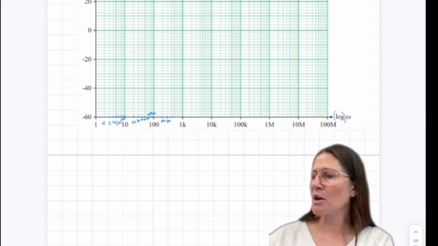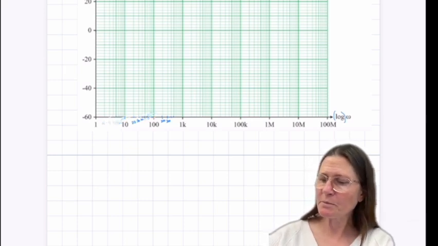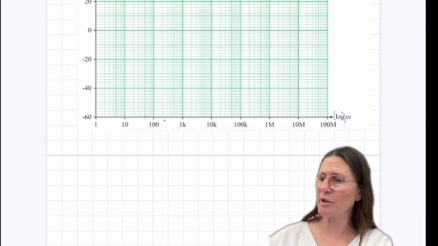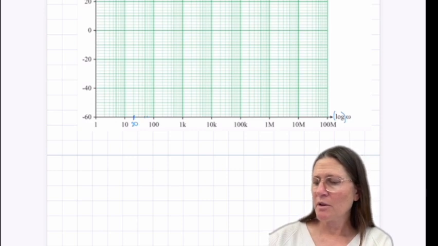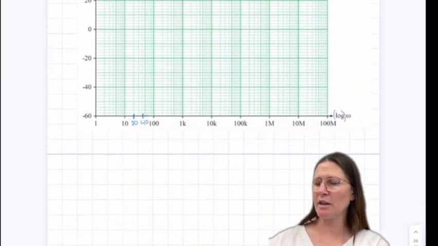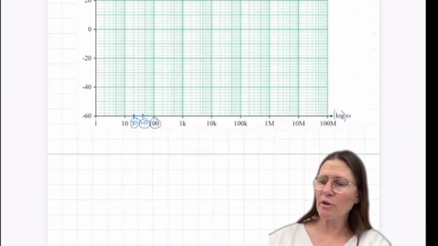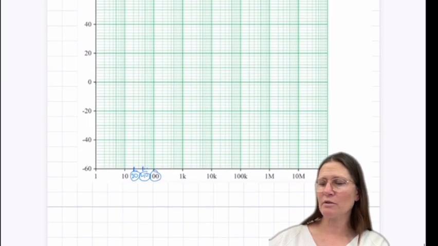So I'm going to mark on here the 20, the 40, and the 100. Those are my three values.